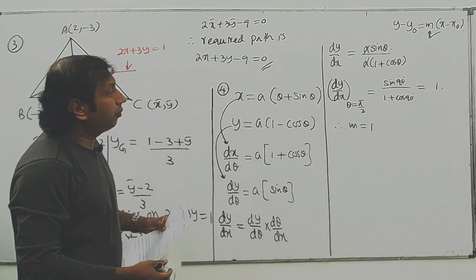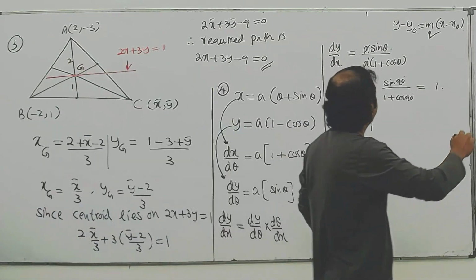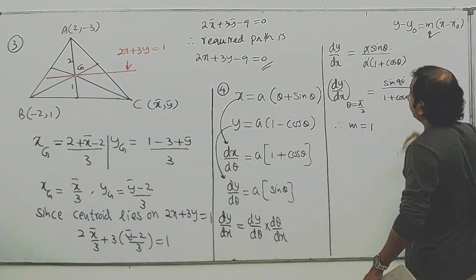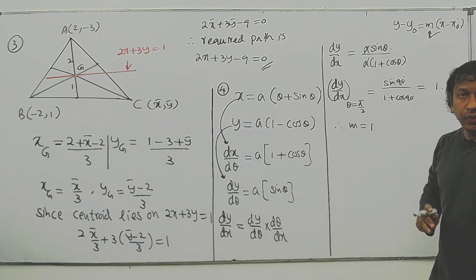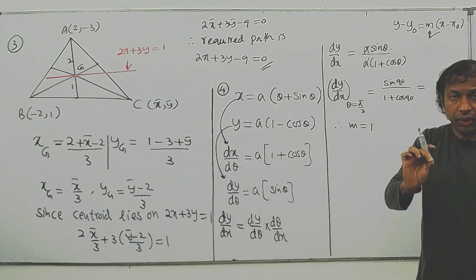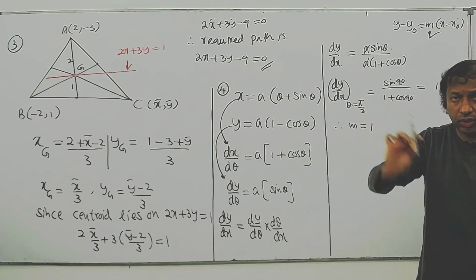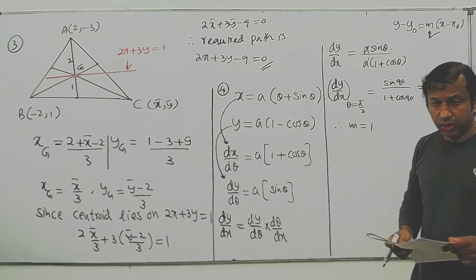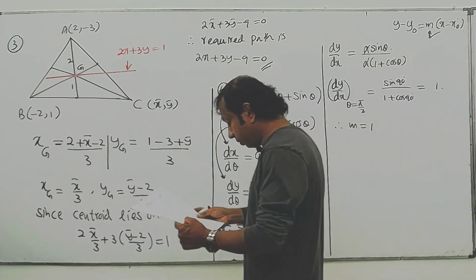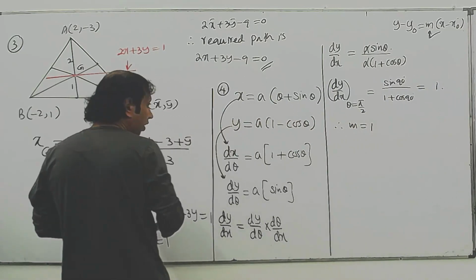Right. And people, again we need to substitute x naught and y naught, the point at which we construct this tangent. We are given the point at theta equals pi by 2, so let us find the x and y coordinates to substitute in place of x naught, y naught.